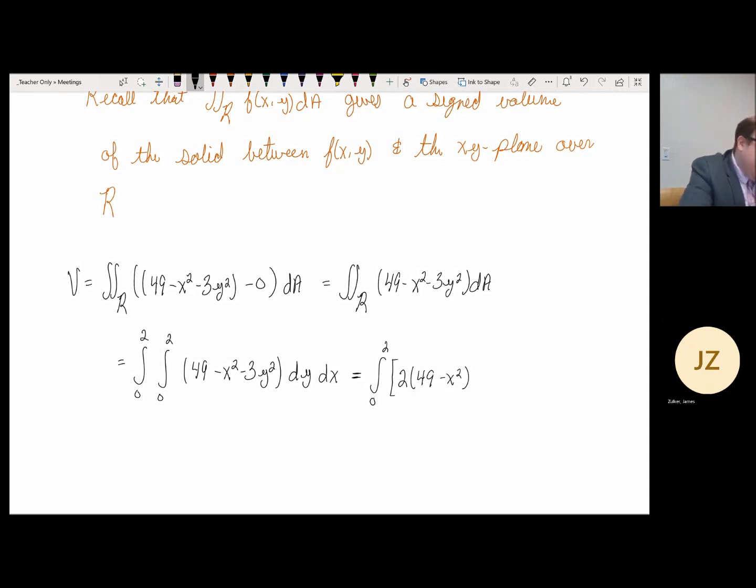With respect to y, that 49 minus x squared is a constant. So it's going to be the length of 0 to 2 over that times that constant. So 2 times 49 minus x squared.